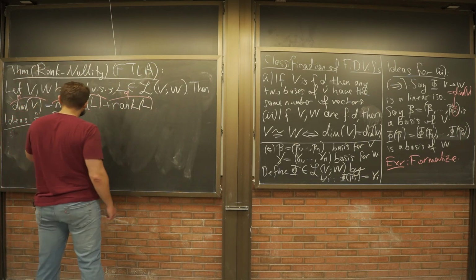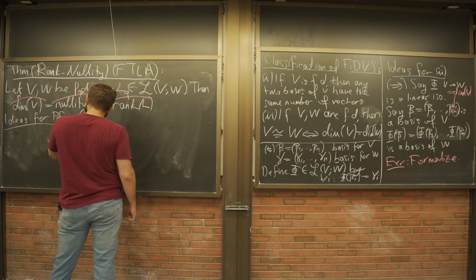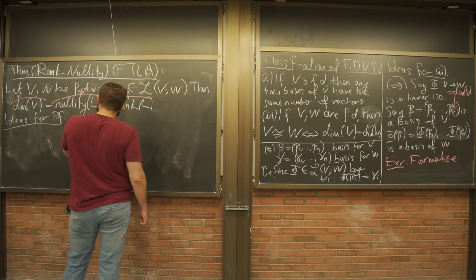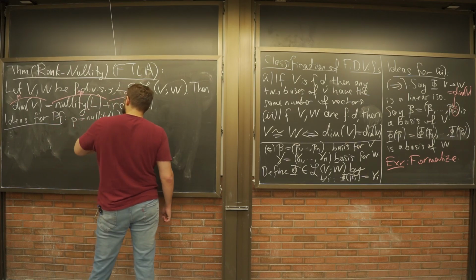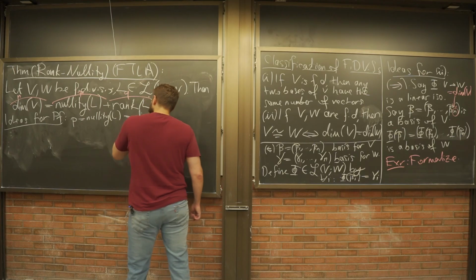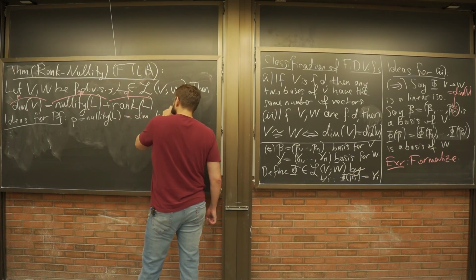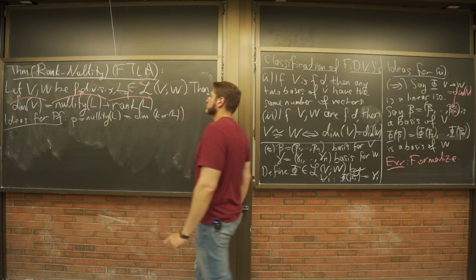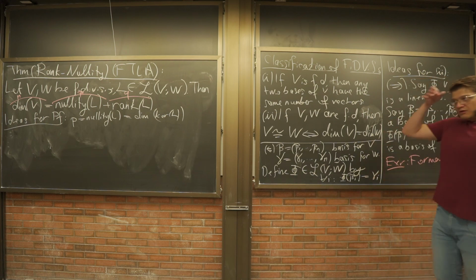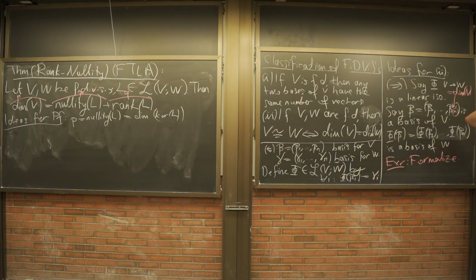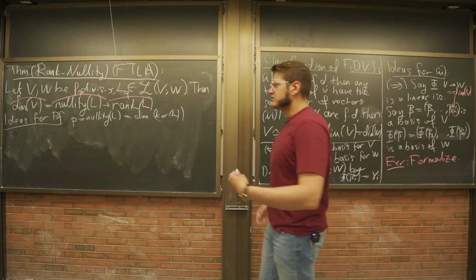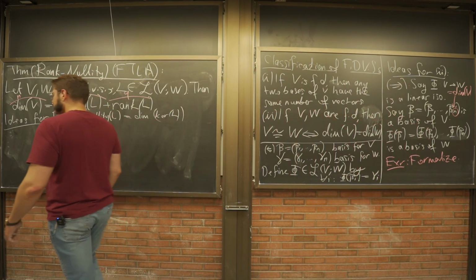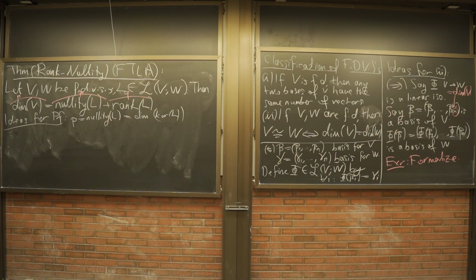So p equals the nullity of L, which is by definition the dimension of the kernel, the null space. If the dimension of the kernel of L is p, that means that there are p linearly independent vectors that span the whole kernel.